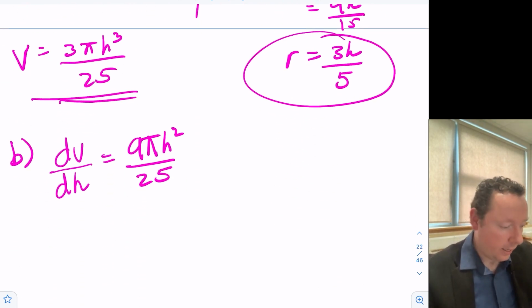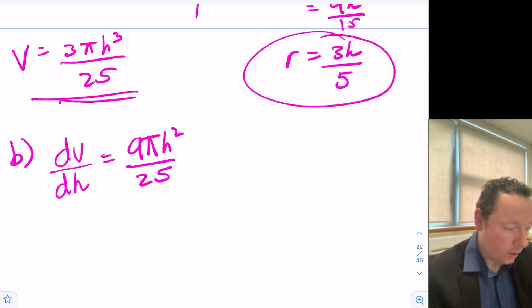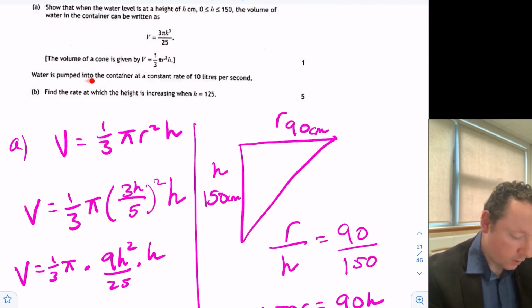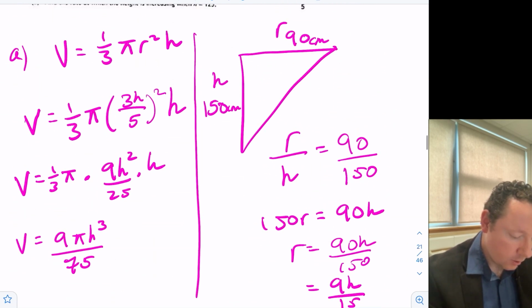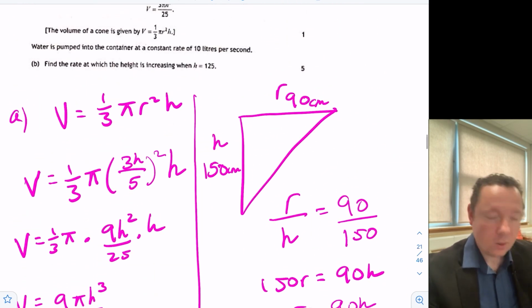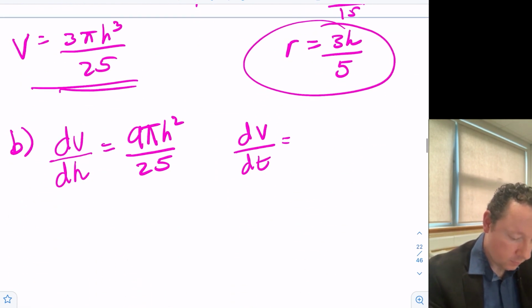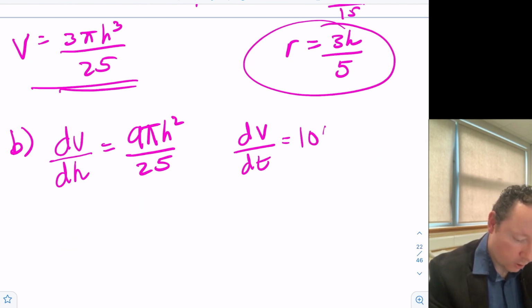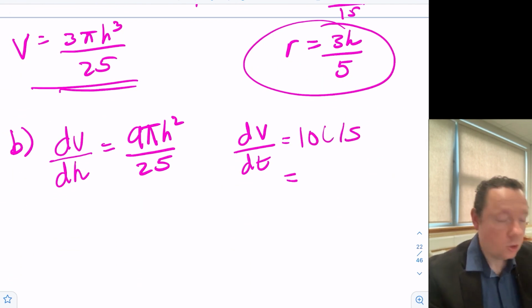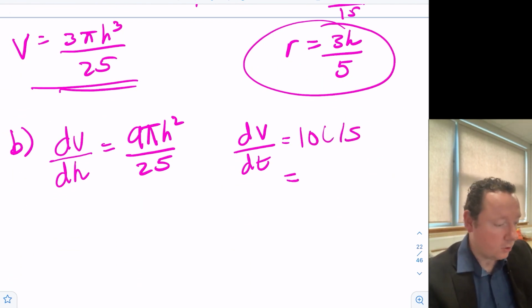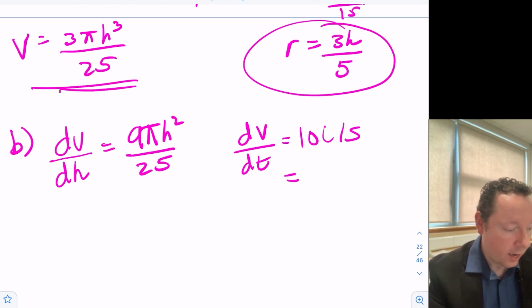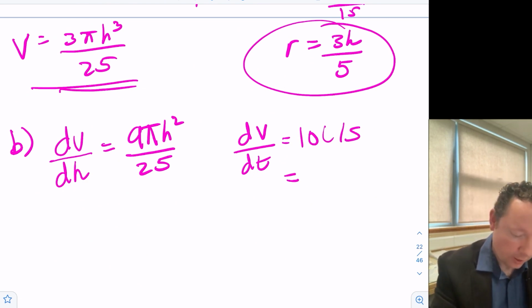We've got dV by dh, but we can also work out dV by dt because it says water is pumped into a container at a constant rate of 10 litres per second. So the rate at which the volume is changing with respect to time is 10 litres per second, which we can change to standard units because that is 10,000 centimetres cubed per second.